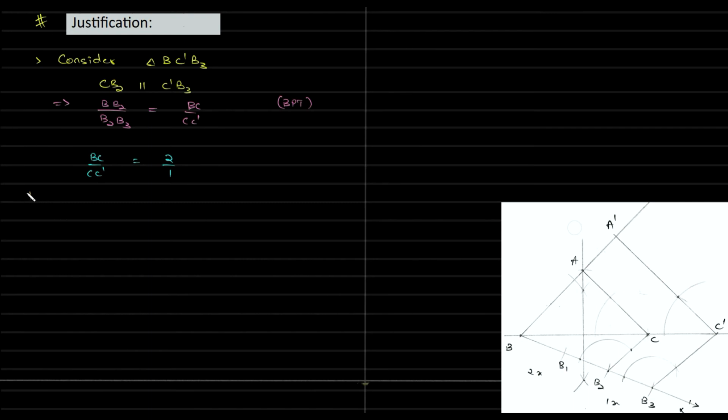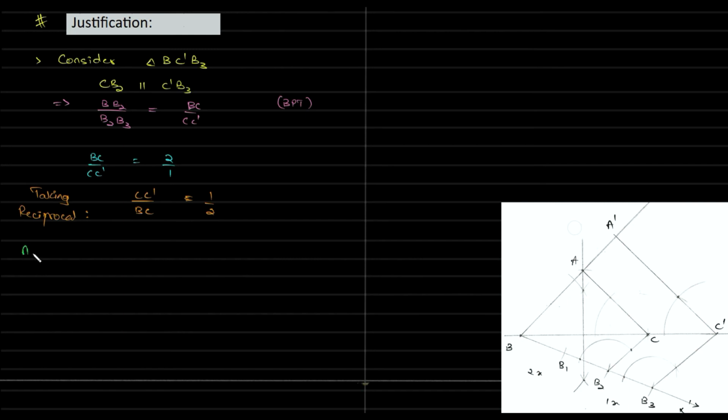Next is reciprocal. So we have CC dash by BC is equal to 1/2 by taking reciprocal. So then what else?